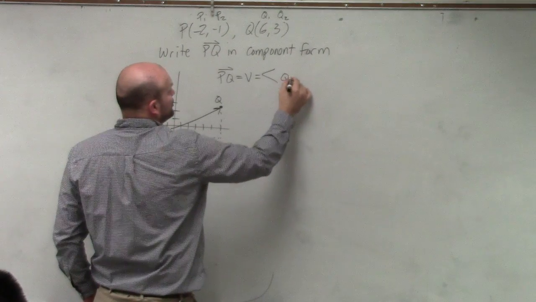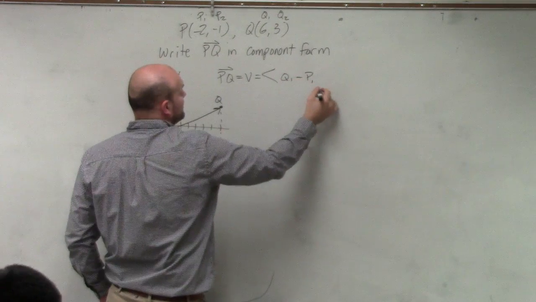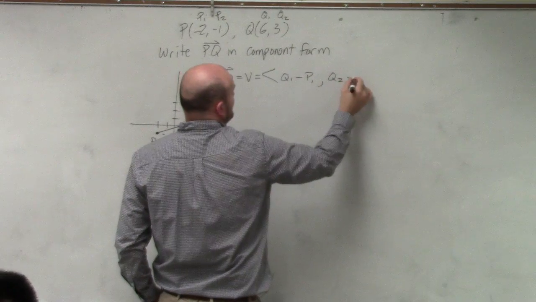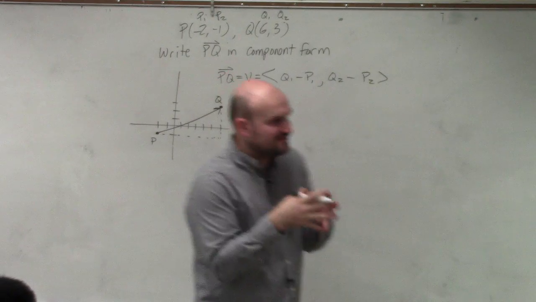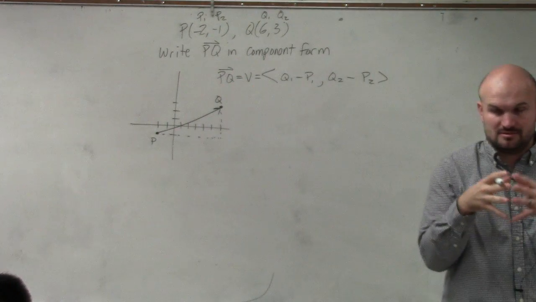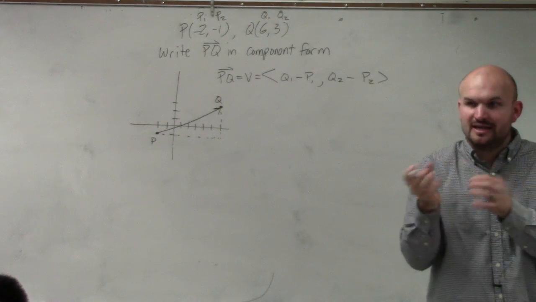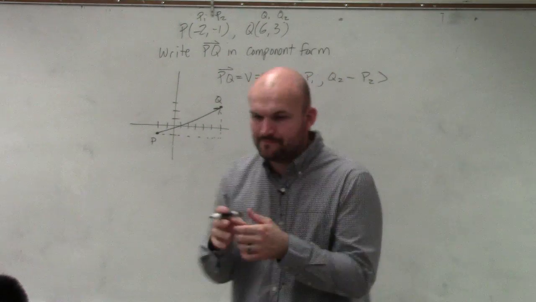So I'm going to do Q1 minus P1, comma, Q2 minus P2. All I'm simply doing is finding the change in the x and the y coordinates.